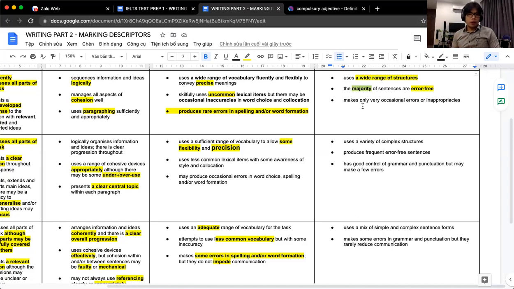So by majority, do you mean 99% or 99.99%? Or do you mean by just maybe 80? Because for me, 80 is already the majority. Okay, so they don't really say this. So we don't really know how many grammatical mistakes you can have.